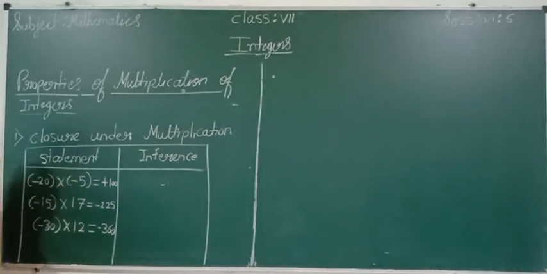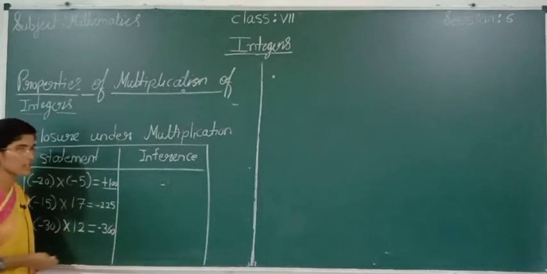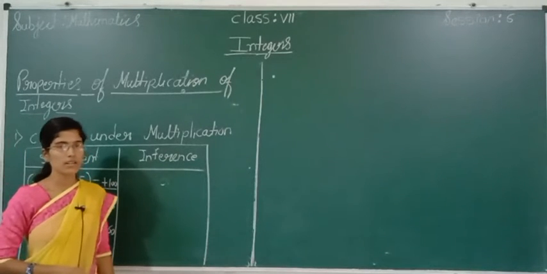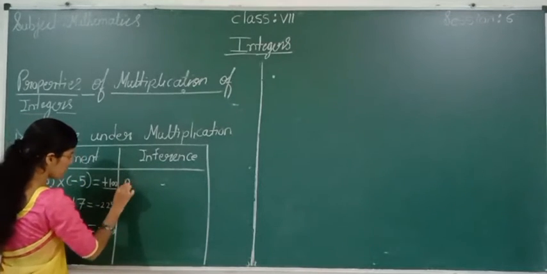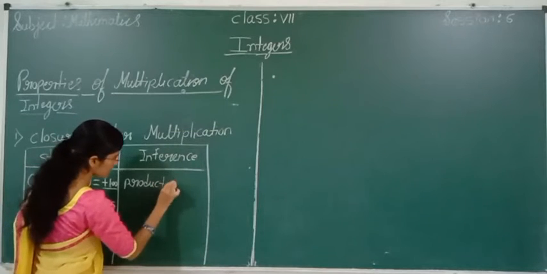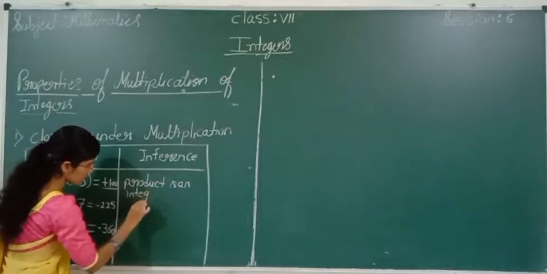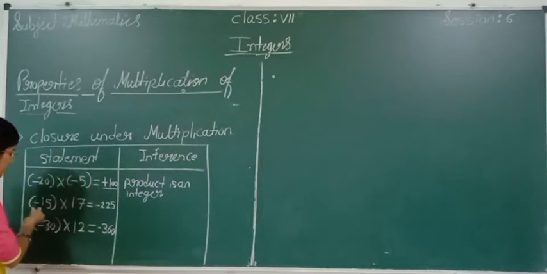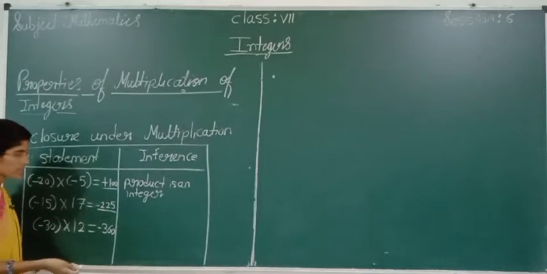Now see here, student, if we multiply two integers, we will get the product again an integer only. Yes or no? Product is an integer. Yes, here minus 15 into 17 is minus 225. Minus 225 is an integer.